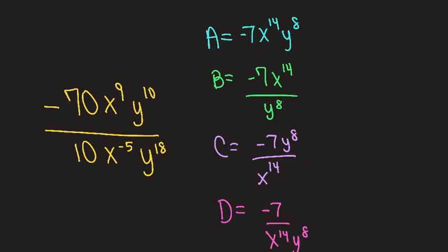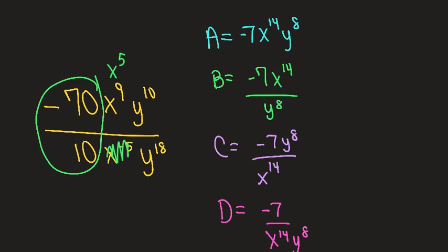All right, next question. We have this fraction, A, B, C, or D. Well, they all have -7 on the top because if I do my coefficients, I get -7. I've got a 9 and a -5. I need to move the -5 to the top and it'll make him positive.